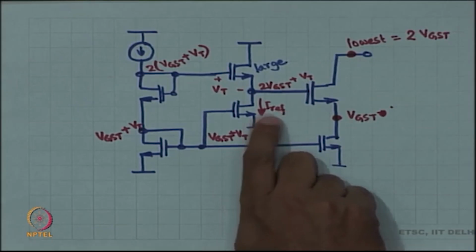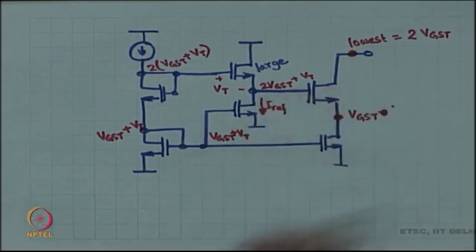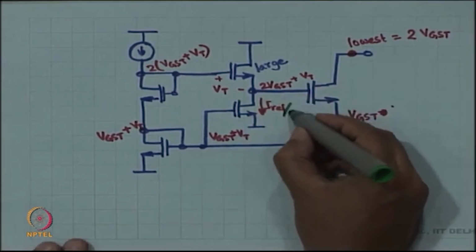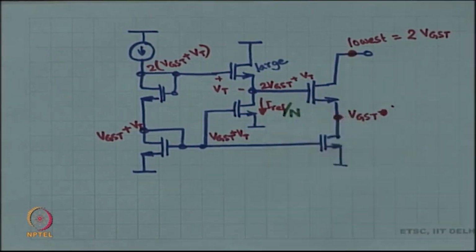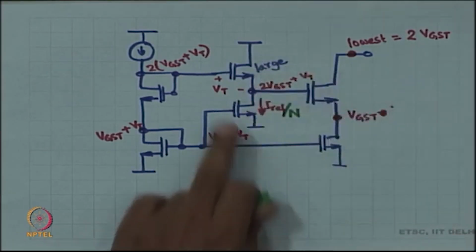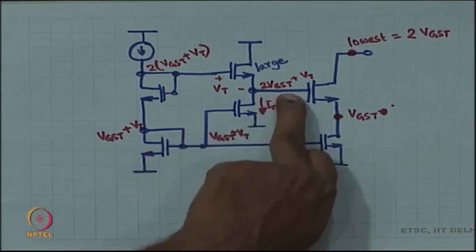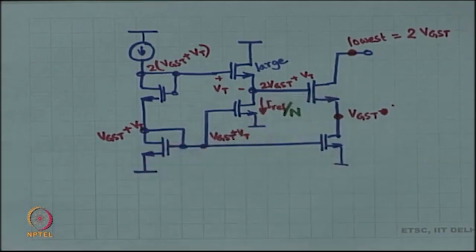Okay. You need a very small current over here. So, you do not really need Iref, you can have Iref by a large factor n, right, and you will save some current, you will dissipate less current. This will still drop a Vt, and that automatically means that you will get 2 Vgst plus Vt voltage over here. Is this all right?